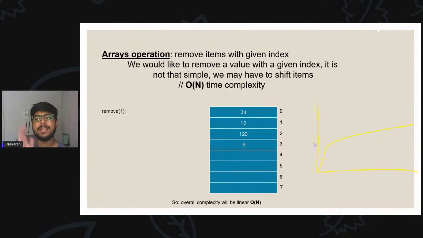So removing the first item, what was it? Either if you have to remove the first item or the last item, it is O(1). And removing something from the middle is O(n).